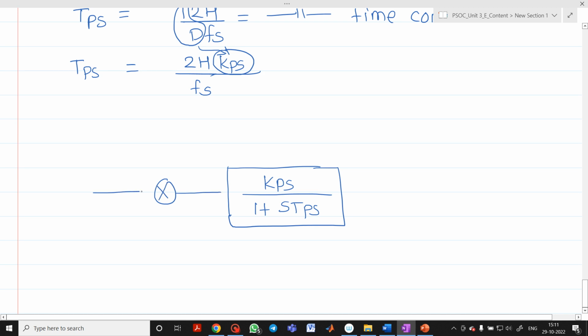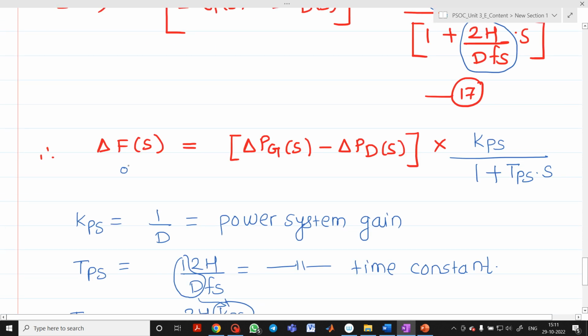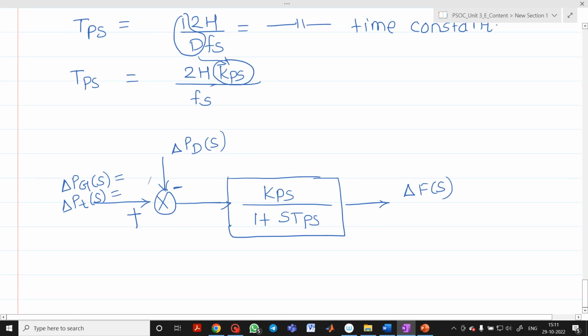This will be your delta Pg of S, which is the same as delta Pt of S, the turbine output power, and this will be positive. And delta Pd of S will be negative, because in the expression it is like this. The output will be delta F of S. This term is your gain, and this is your total input.